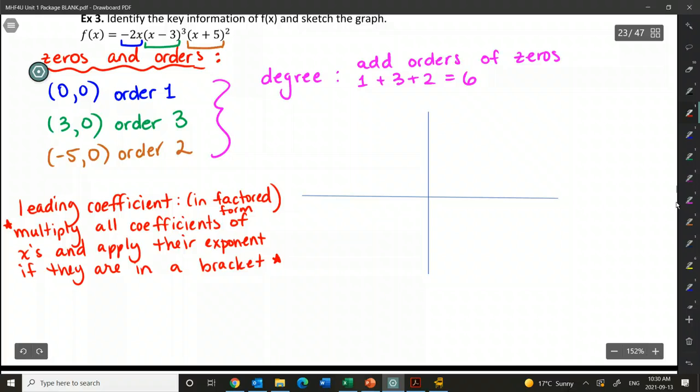Okay, so in this case, I have a coefficient on an x here. It's -2. What's the coefficient on this next x? This one. 1. And technically, because this has an exponent other than 1 on the bracket, I should also apply the cubed. Obviously, I know 1 cubed is just 1, but just for the visual here, so that you know what you're doing, if it has some other number.